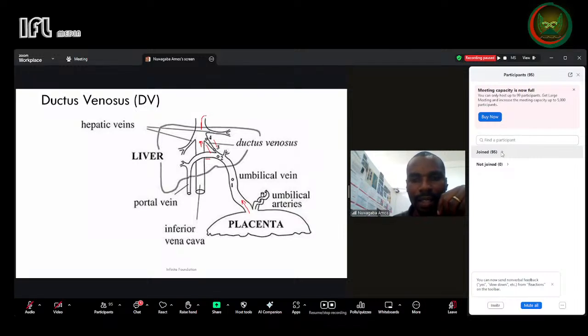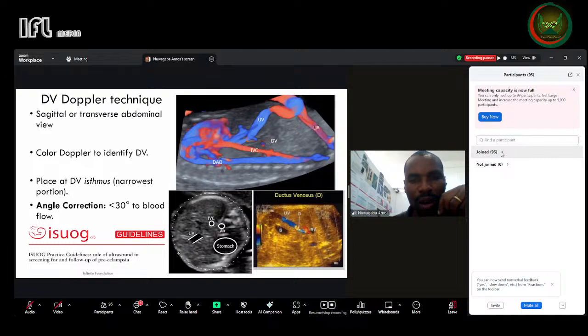This is a very important shunt, and it is going to be the main focus of our talk. In the technique, we use two approaches, either the sagittal approach of the abdominal view or the transverse approach.